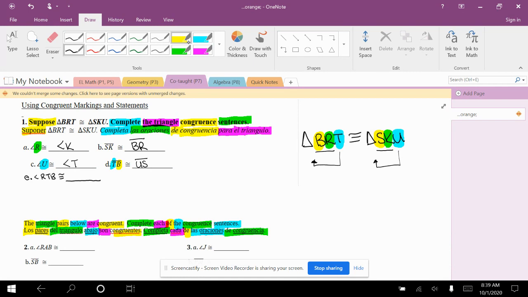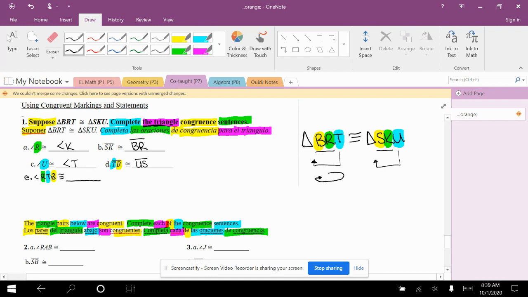Angle RTB is green, blue, and yellow. RTB.